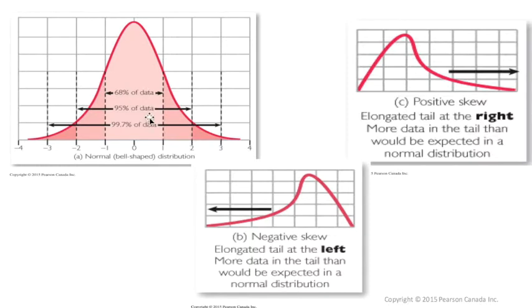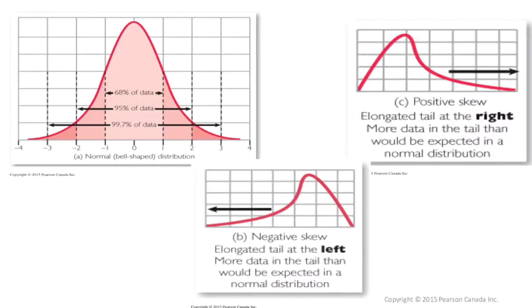Okay. A positive skew, which is the graph on the right-hand side, basically tells you that the majority of the data is not so much happening in the middle of the distribution, which was the case in a normal distribution, but a positive skew actually signals that there's more data closer to the left-hand side of the graph.